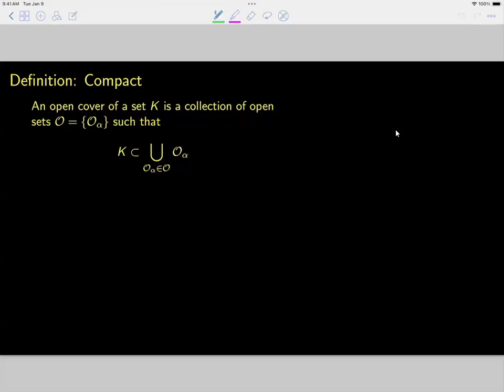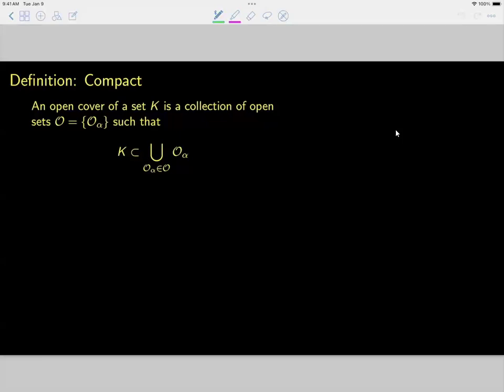Those are the particular open sets that are in this larger set of open sets. So an open cover of a set K is a collection of open sets, capital O, such that K is contained in the union of all the O sub alphas.